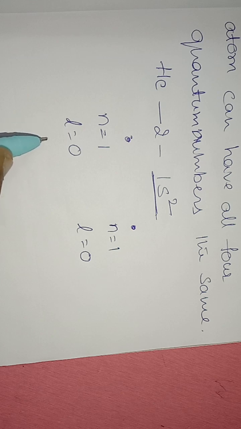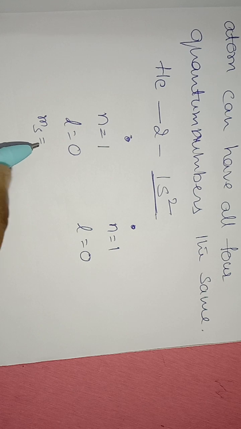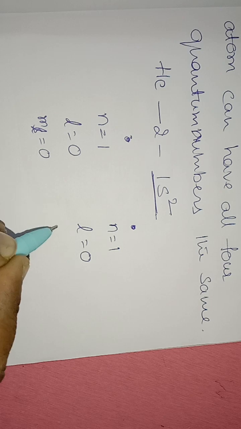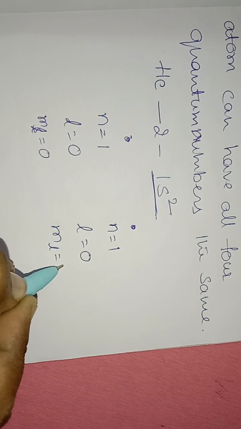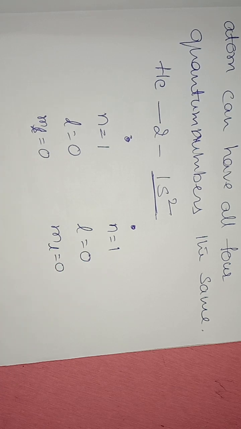Ml also is 0 for this orbital. Here all three are the same.